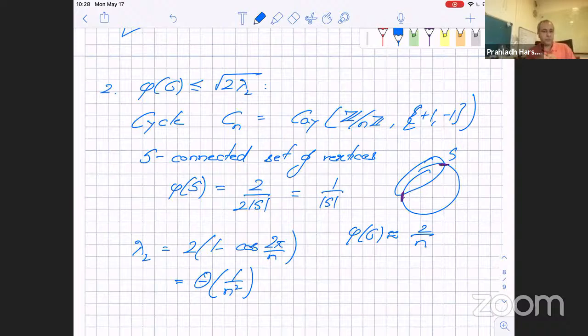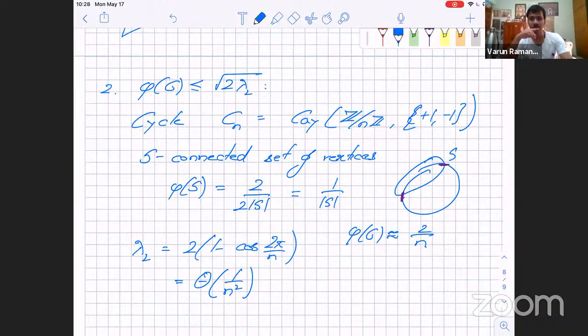Questions. Shubhada, did you ask a question? Yeah. In the denominator of phi, if you have a path of length s, then the number of edges incident on it would be like s, or s plus 1 maybe, but how is it 2s?